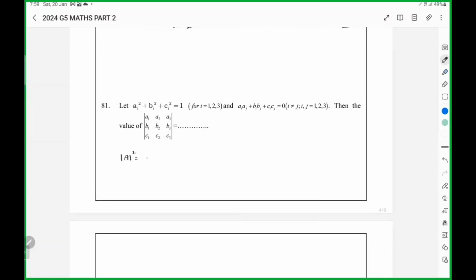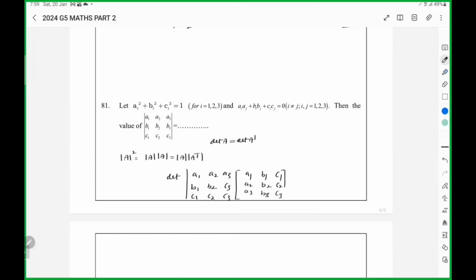Here I will consider det A whole square as another property. Det A is the same as det A transpose. So here I am writing it as determinant of one matrix, and in the other part I will take the two matrices.